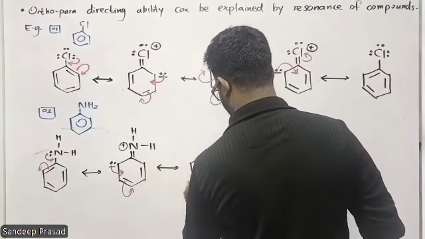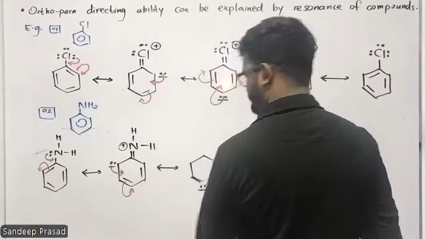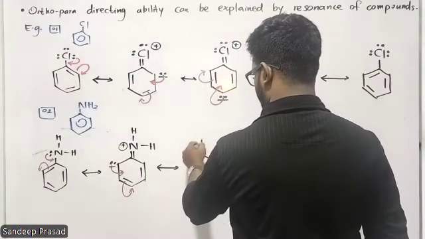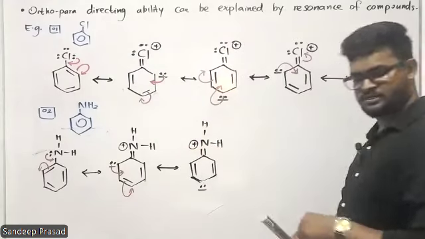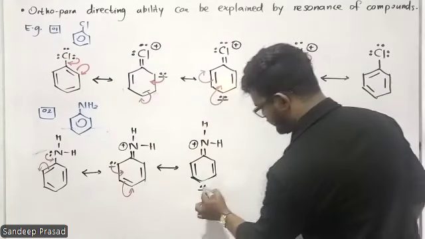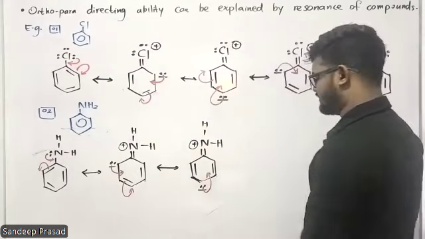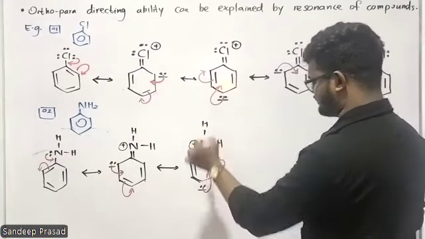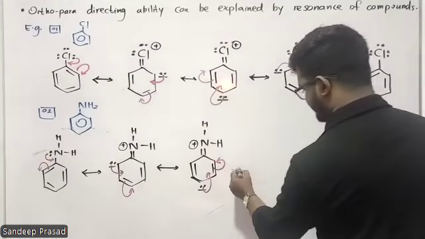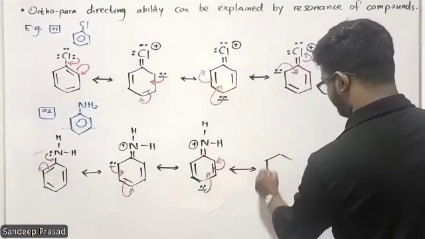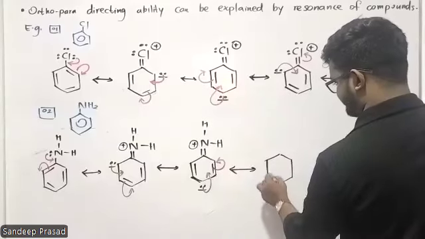Para position is activated. Nitrogen is positively charged. Right? What will happen next? These 2 electrons are given to this carbon-carbon double bond. Now this double bond has to be broken because carbon cannot have 5 bonds. Then you can see that the remaining ortho position is again activated negatively.